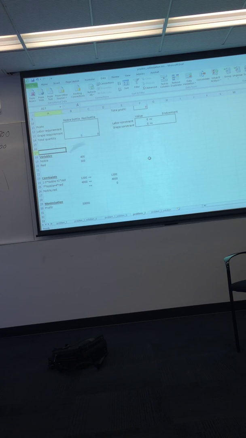So remember, the important stuff is before you jump into the Excel, figure out what are the variables, what are the constraints in this question. Here it wasn't very hard. In other questions, it can be a little bit less clear what is the story, what are the constraints. So write the constraints, what are you trying to maximize, and then set it in the Excel.